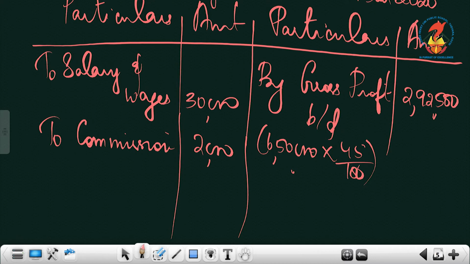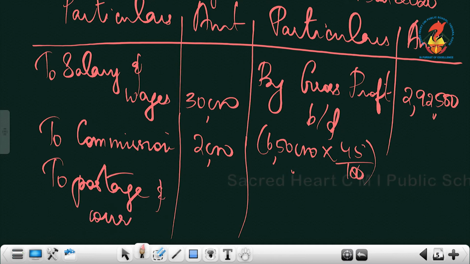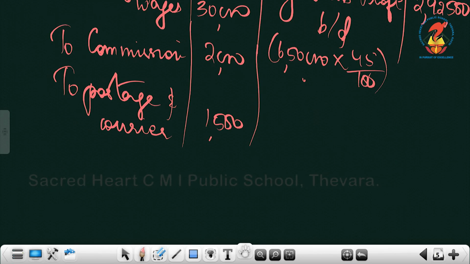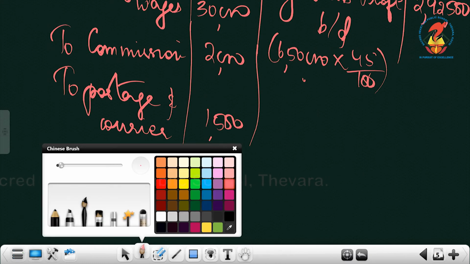If they simply write commission, take it as paid always. If it is received, they will specify it. Then to postage and courier. The amount is 1,500.